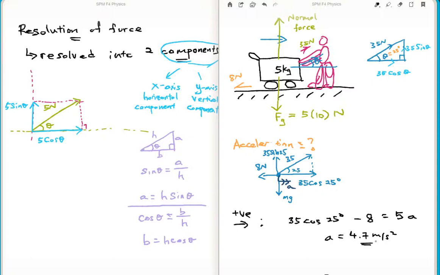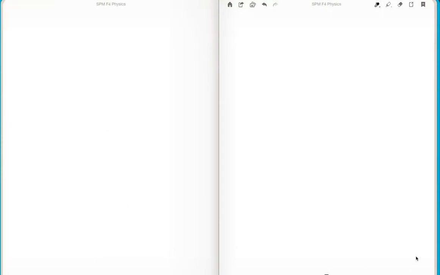Then, well, maybe another example would be a scenario, a box, top view of a box, from a top view or a bird's-eye view.